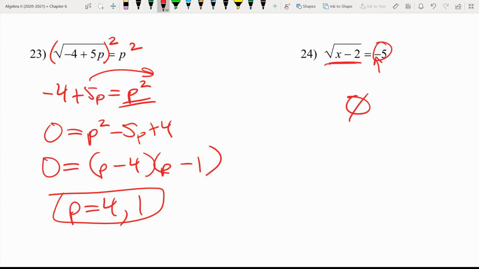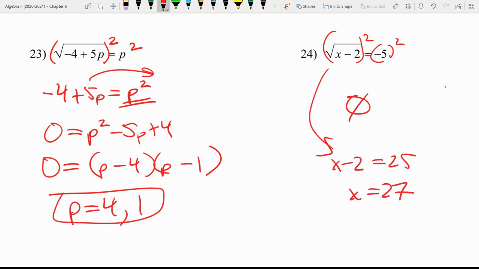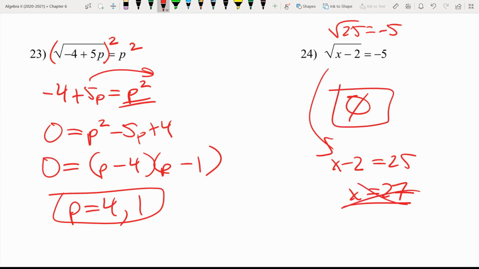If you did go through the process of squaring both sides, you ended up with x minus 2 equals 25, so x equals 27, and you checked it, you would have found, if you put 27 in for x in the original, you get the square root of 25 equals negative 5, and then right away you realize that doesn't work. I can't take the square root of 25 and get a negative 5, it's going to be positive. So either way, extraneous, no solution, even if you didn't have to do any work on it. You started right there.